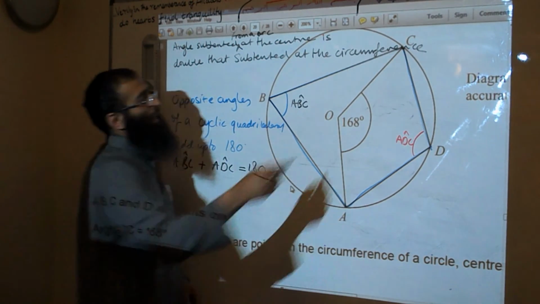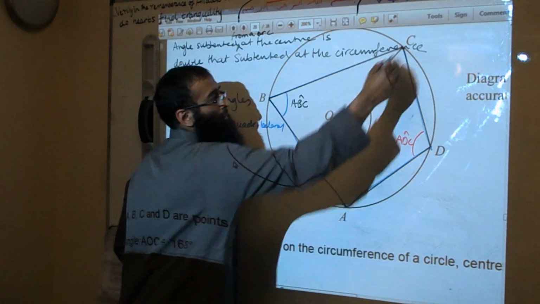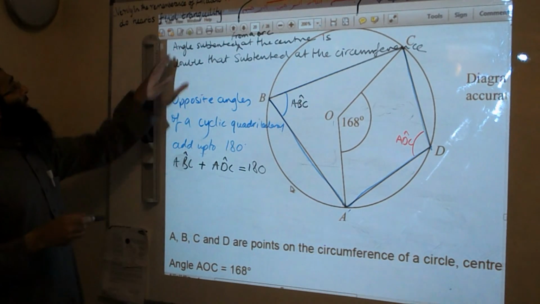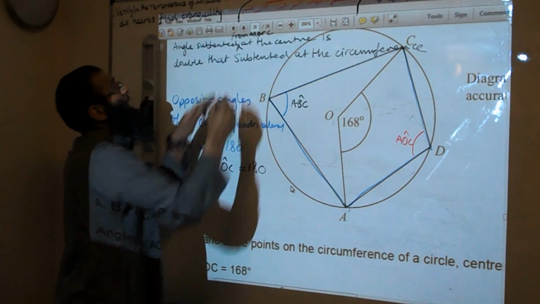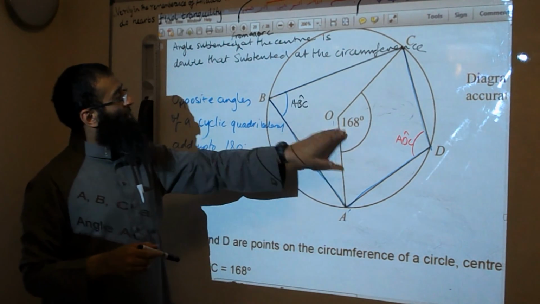So the angle subtended from the arc here. That's an arc, and that's the angle that comes from the centre, and that's the same one for the same one, yeah? So the angle subtended from an arc at the centre is double that subtended at the circumference. So this angle is double of that angle.